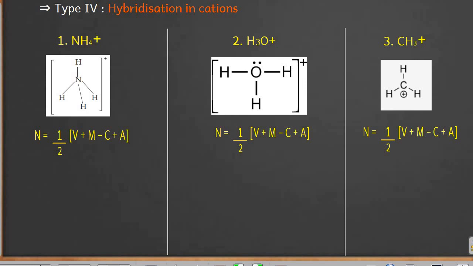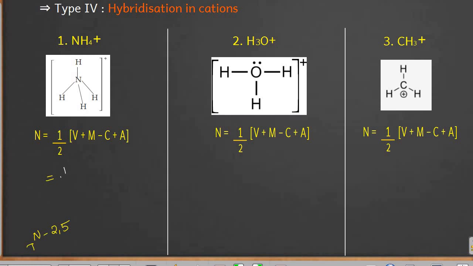Type 4. Here hybridization in cations. So far we discussed the molecules, and here you can see NH4 plus, that is ammonium ion. So the central atom is nitrogen. So nitrogen, we know that atomic number is 7. The electronic configuration of nitrogen is 2, 5.